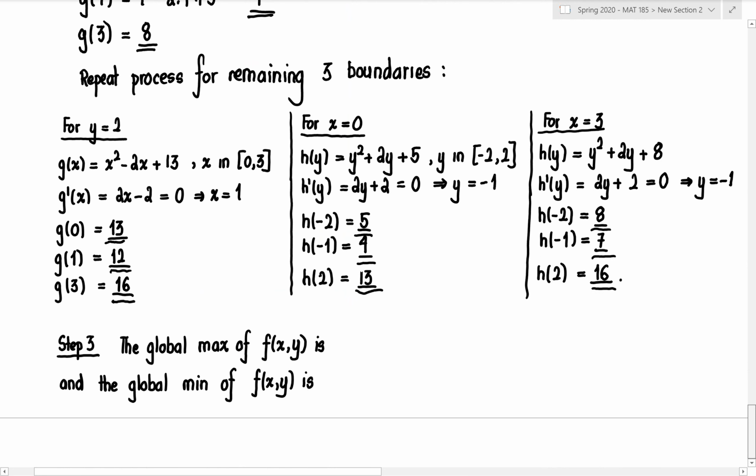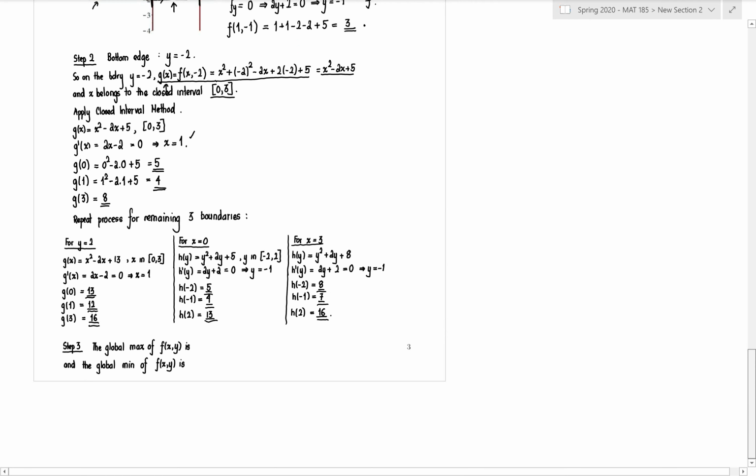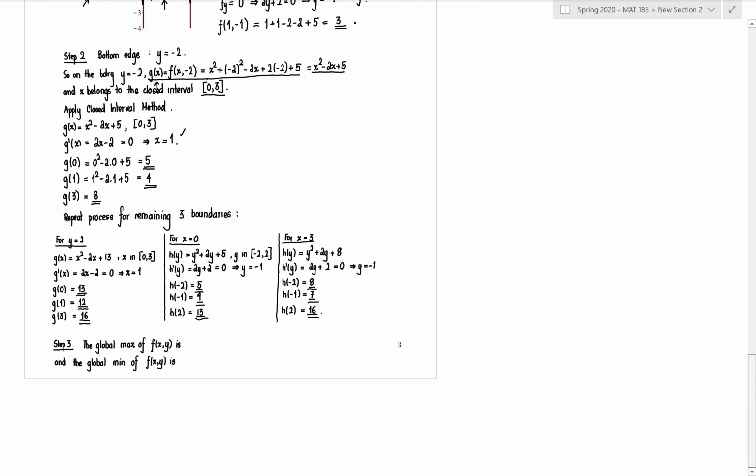All right, so all the numbers that are double underlined here are the candidates for our global max and global min of our function of two variables. Again, it's always easy to forget, but we have another number all the way in the distance, which was the value of the function at our critical point.